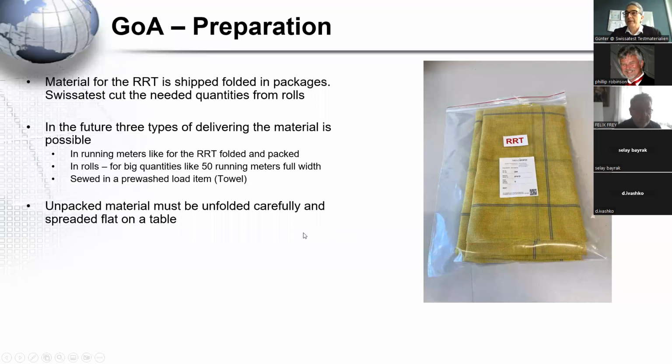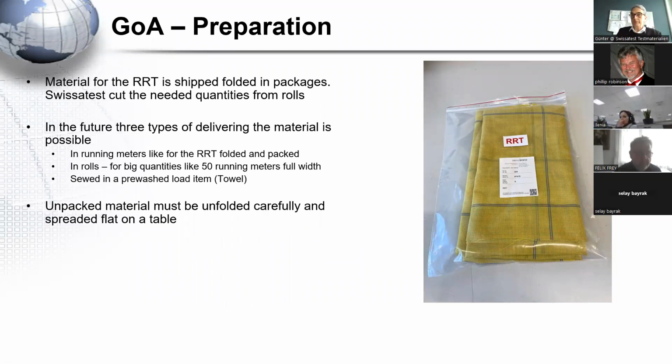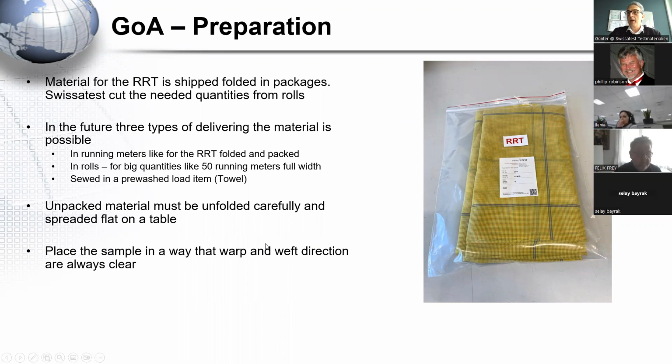First of all, the material must be unpacked. Try to do it as carefully as possible, so that you don't start to move fabrics and don't put too much mechanical stress on the fabric. Place the sample in a way that the warp, the length, and the width direction is always clear.